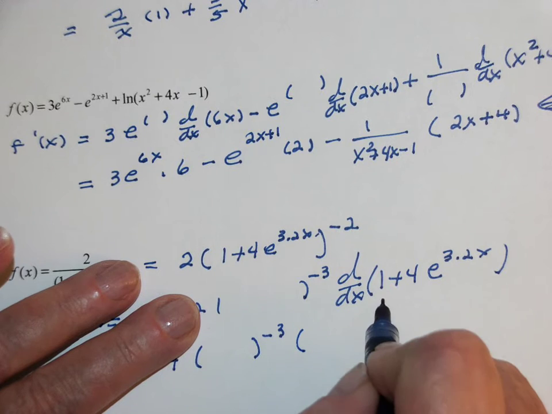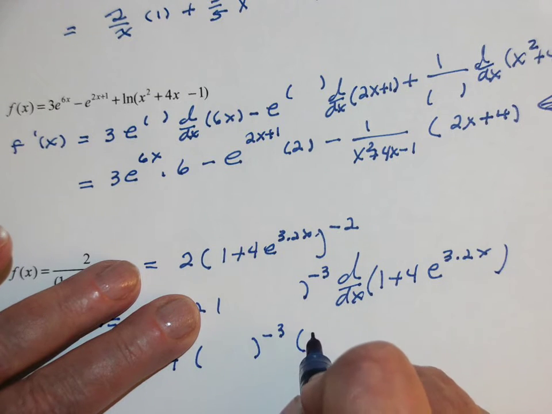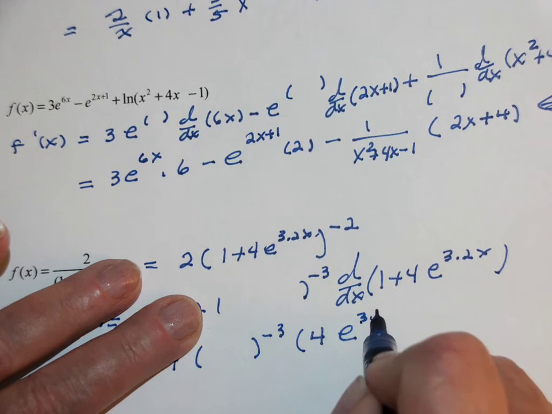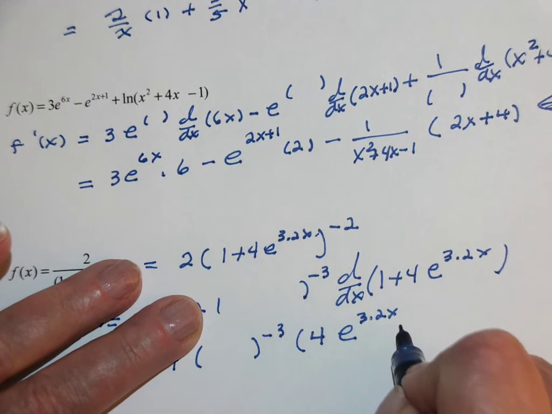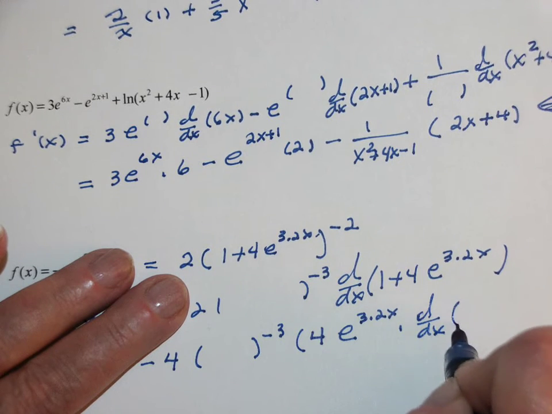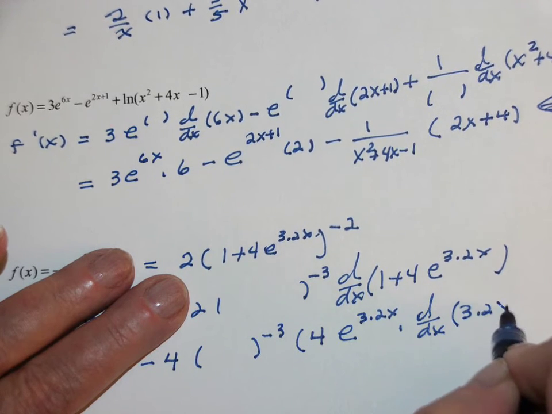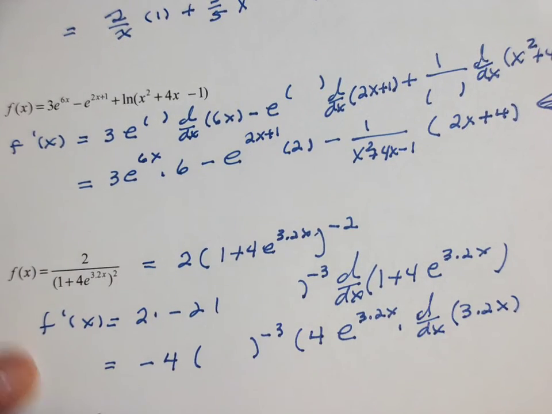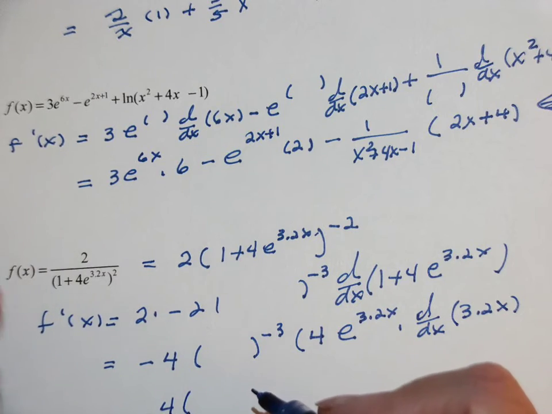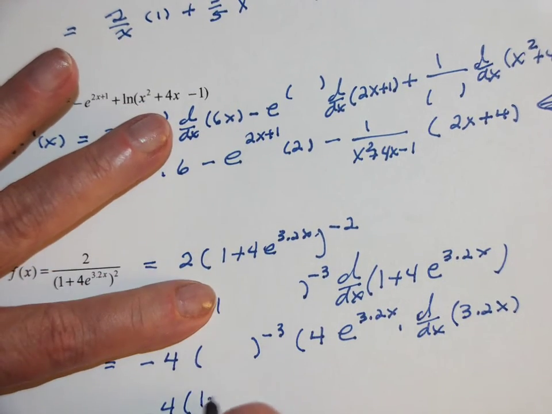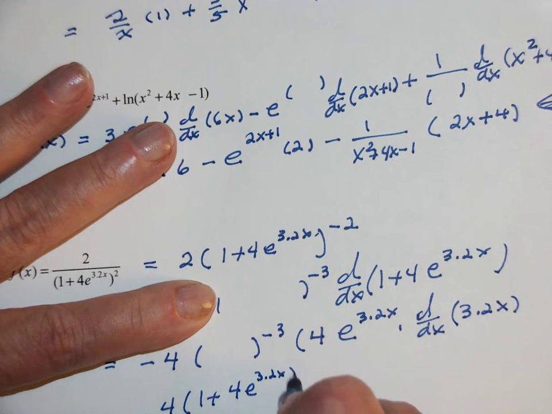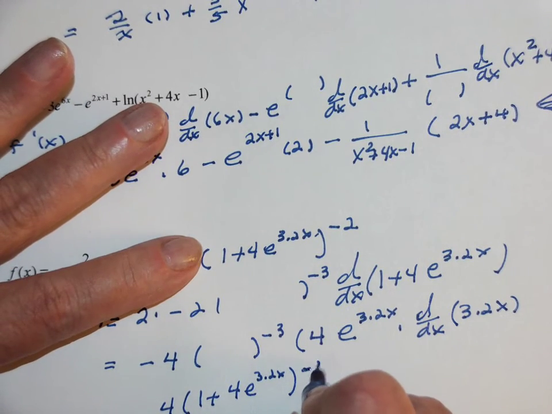So the derivative of 1 is just 0. So you have 4. This is e to the blob times the derivative of the blob. So it's minus 4 times, and in this instance the blob is 1 plus 4 e to the 3.2x to the minus 3.